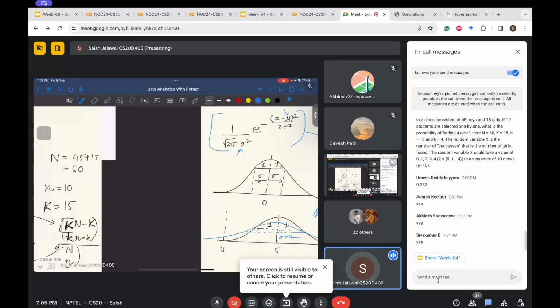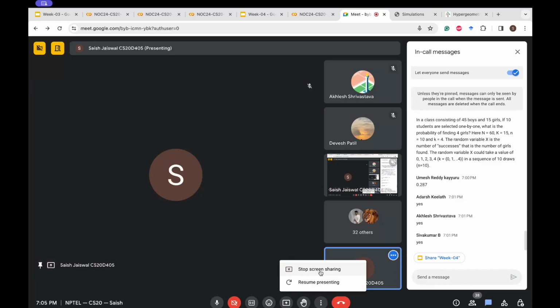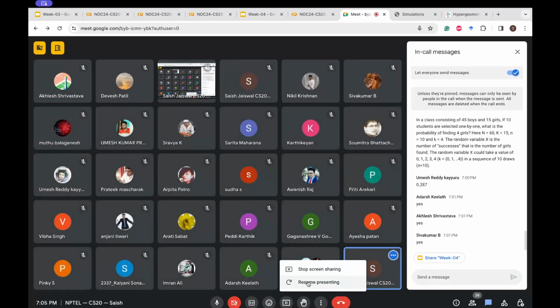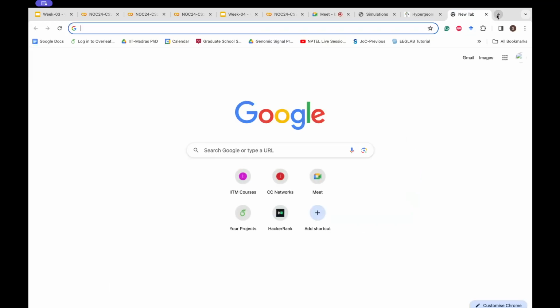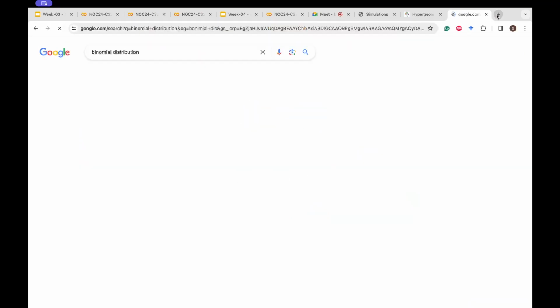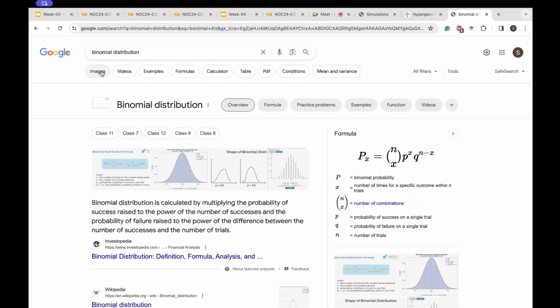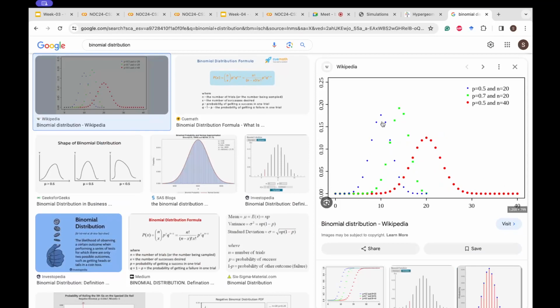Similarly, in the case of binomial distribution, as we saw earlier, the shape of the binomial distribution was changing based on the value of p and n.